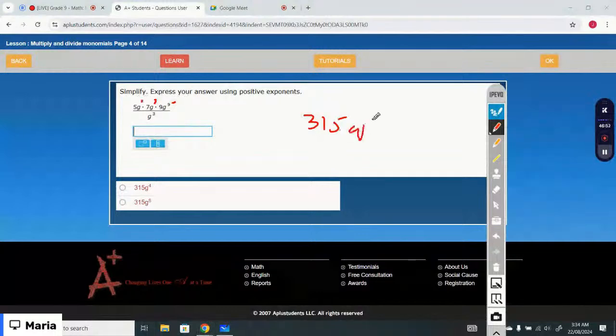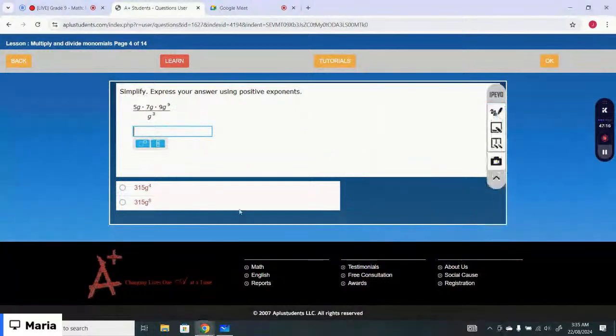It would be g^16 divided by g^3, so you can subtract the 3 from the exponent 16. 16 minus 3 is 13. Got it? The correct option is option number 2.